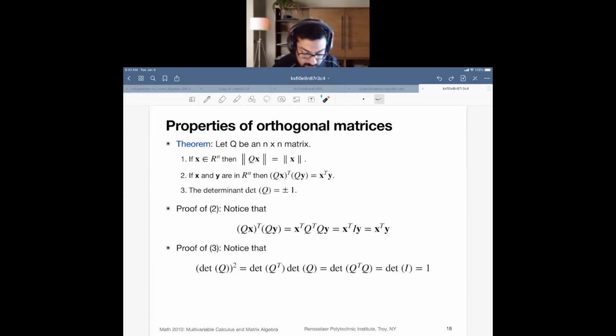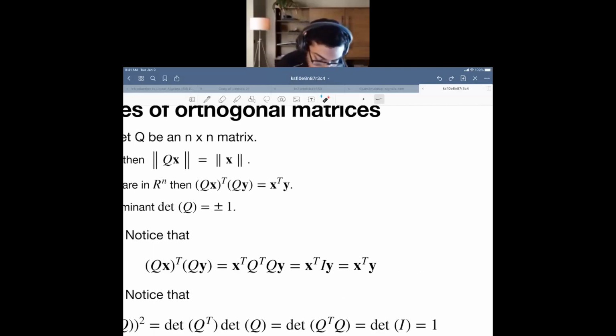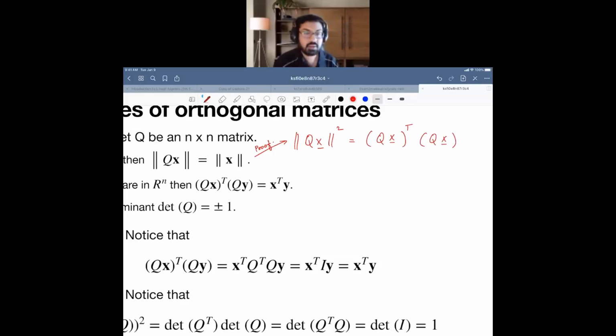And you can actually prove this pretty quickly. I'm going to prove this over here. So for this, I will consider the norm squared of Qx. Q is an orthogonal matrix, x is a vector in R to the n. I'm considering the square of the norm here. I can write this as Qx transpose times Qx, right?